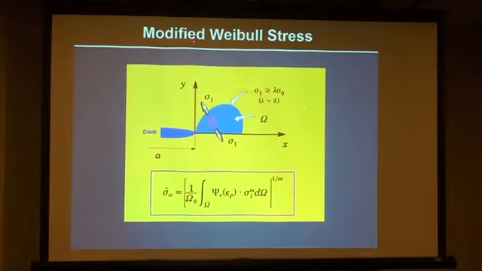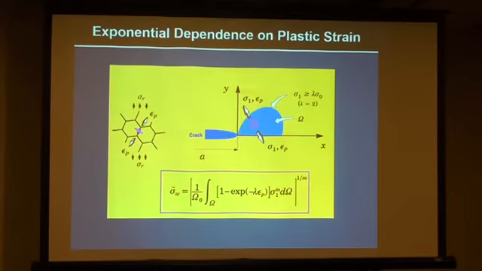And then the Beremin Weibull stress becomes the same stress integral where C sub C comes inside. And then we can think of many possibilities for the function C sub C. I'm showing here only two possible functions. One is an ad hoc assumption, which is an exponential dependence on plastic strain.